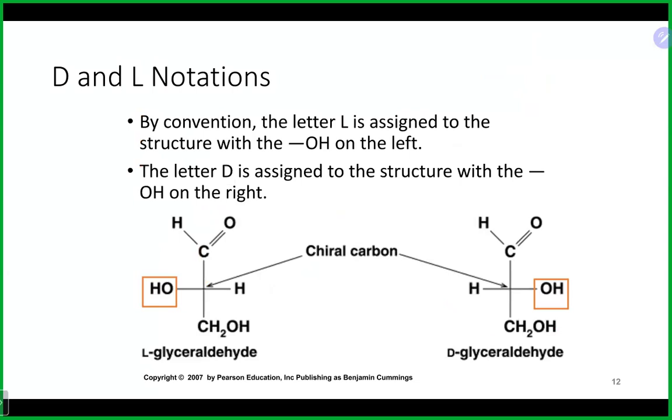Now, another designation that we sometimes see with things, especially also carbohydrates, is the D and L notation. And basically what that means is D means right and L means left. And it's the location, in this case, of the OH group on the last chirocarbon, say in a carbohydrate.